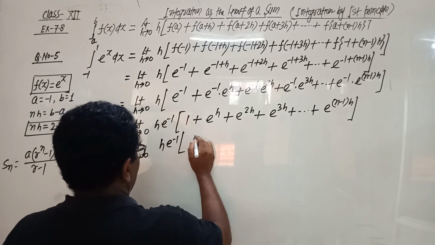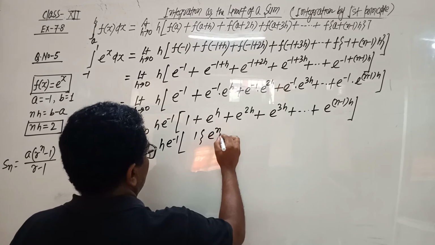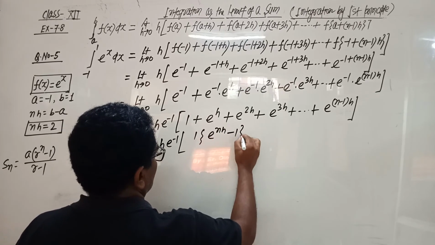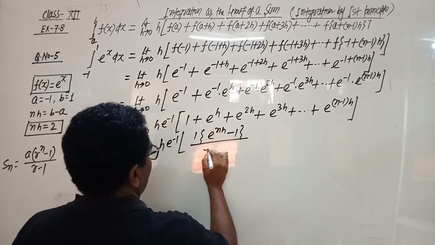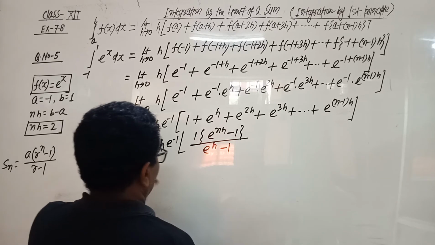So a into r raised to the power n, so e raised to the power nh minus 1 upon r minus 1, so e raised to the power h minus 1.